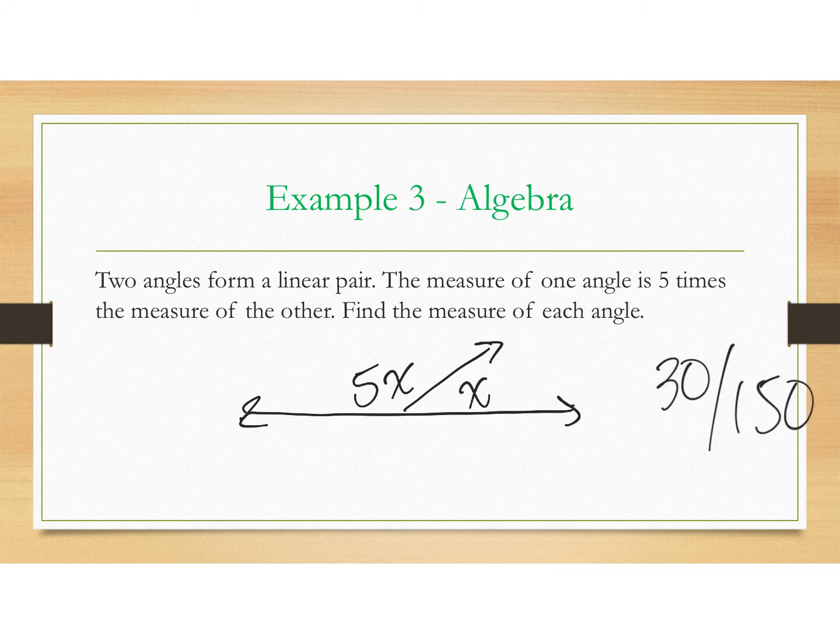But guys, if a question like this is asked, linear pair, right? You should have drawn this picture. Make your smaller angle a variable, make your larger angle 5 times that variable, okay? So 5x and x. You guys agree that this is going to add up to 180? So 180 should equal 5x plus x.